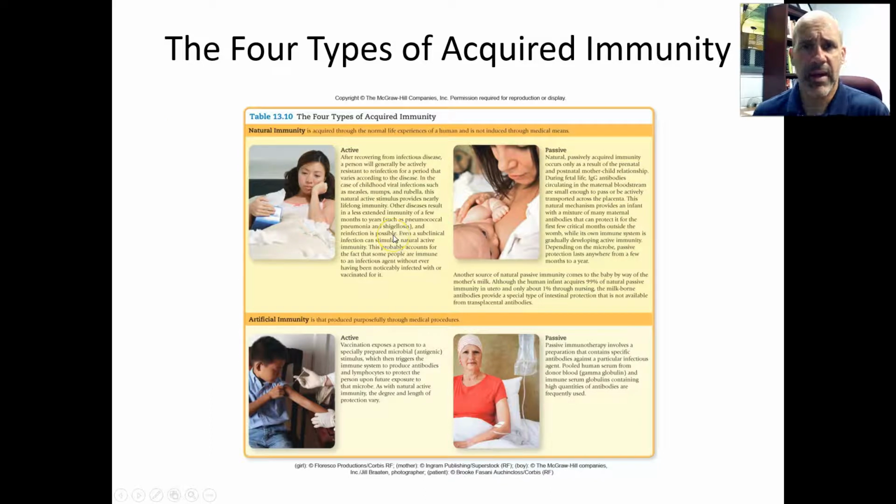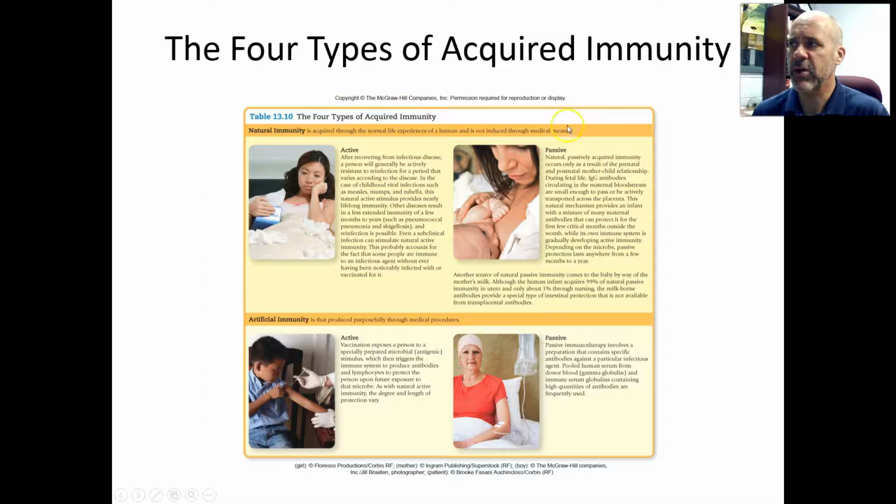And that leads to memory because you have generated your own active response. Read through the table in your textbook that is describing these, because it's going to give you some other characteristics, such as how the length of this type of immunity can differ for some types of pathogens. Sometimes it's longer, sometimes it's shorter.